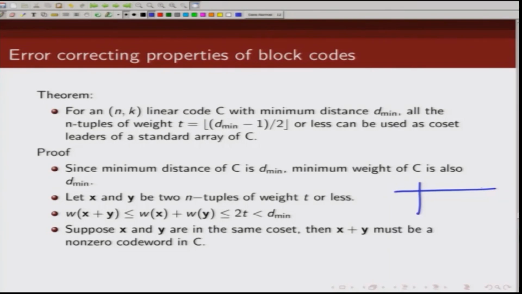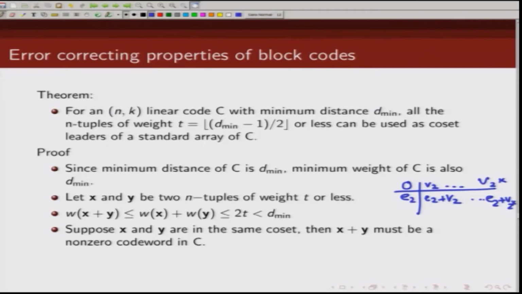we had something like this. First row, first column was all 0 vector, and then we had other code words, and then we had error pattern, let us say E2. So, this was E2 plus V2, like this was E2 plus V2k.